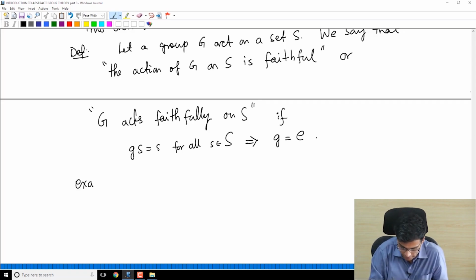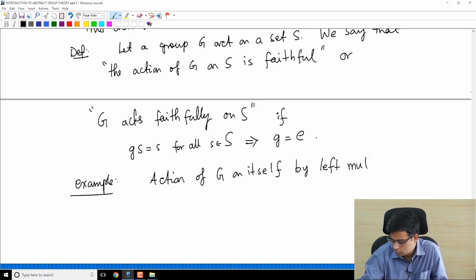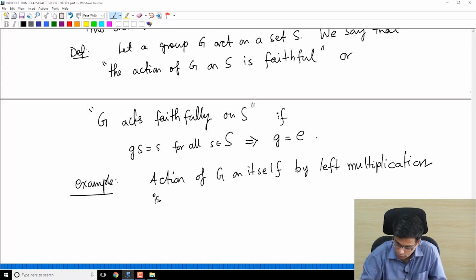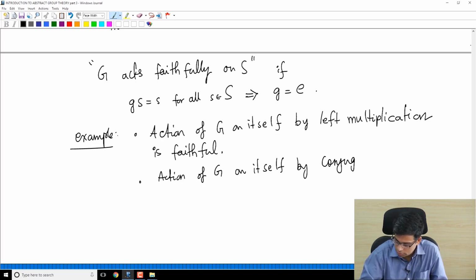Other examples include the action of G on itself by left multiplication, which is faithful, and this is exactly what we used in the proof of Cayley's theorem. On the other hand, the action of G on itself by conjugation is not faithful in general.